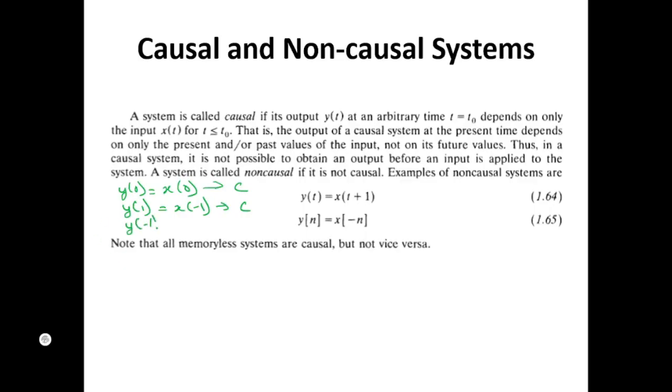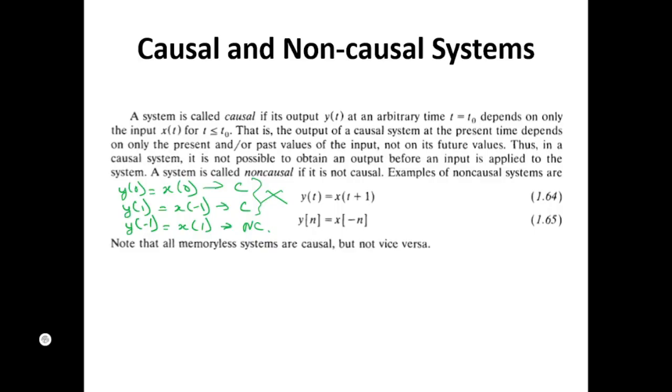What will you be getting? So what does this indicate? Only if in all the three cases the system is causal, then only you can say that the system is causal.